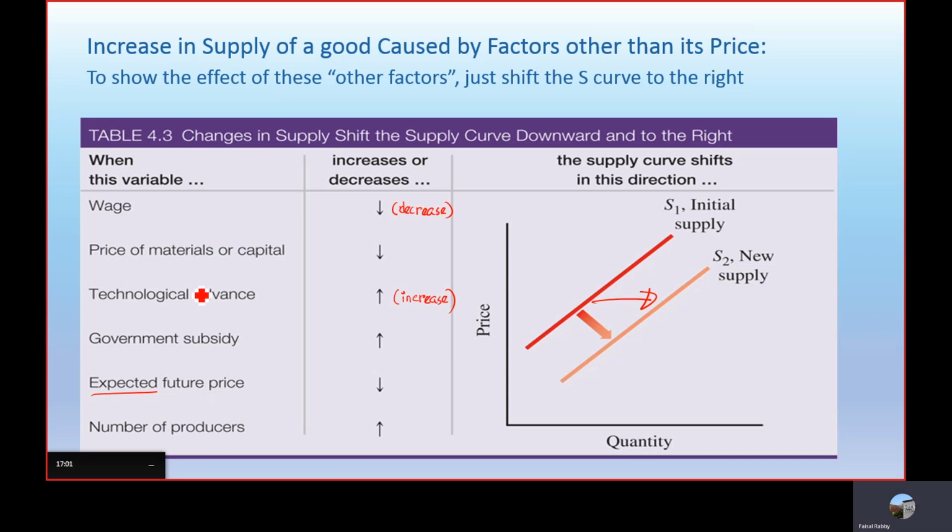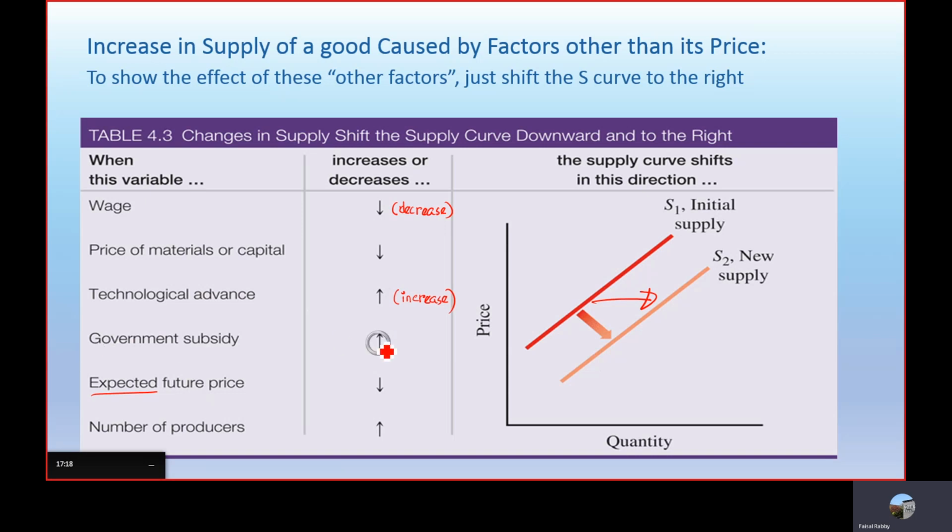Technological advancement simply means as a seller, as a producer, you can produce more by using fewer inputs, fewer resources. So technological advancement means basically a cost reduction. So that would cause supply to increase.